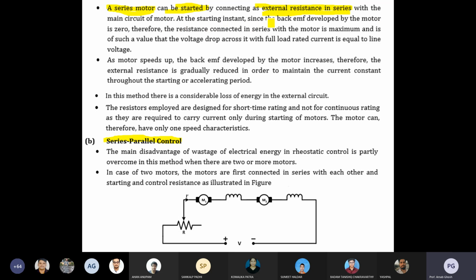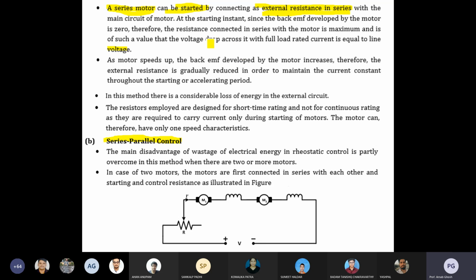At the starting instant, since the back EMF developed by the motor is 0, the resistance connected in series with the motor is maximum, of such a value that the voltage drop across it with the full load rated current is equal to the line voltage.